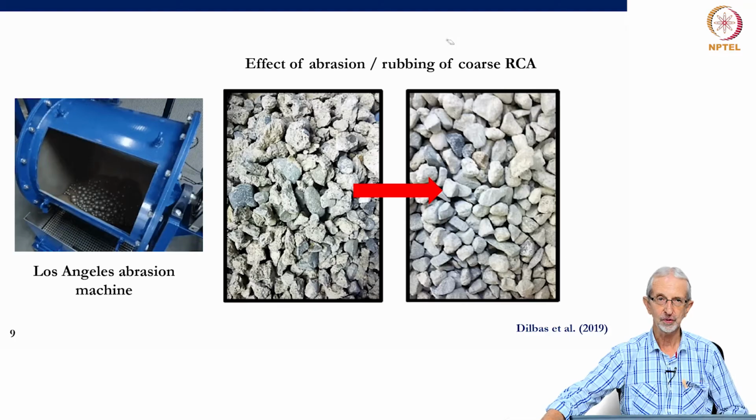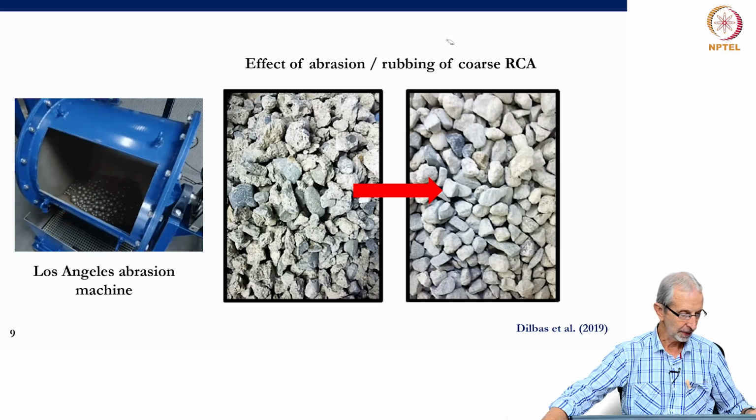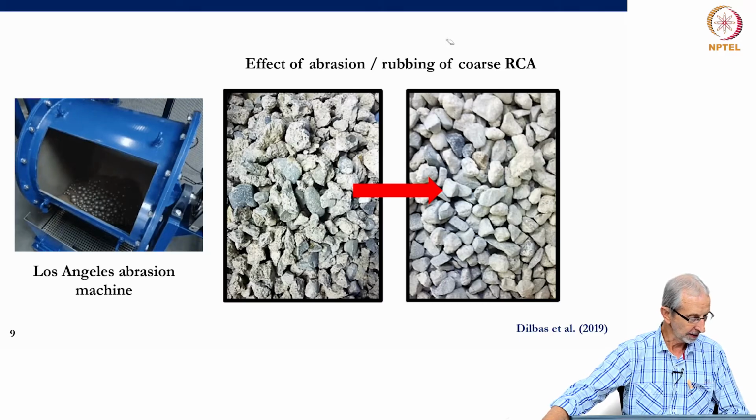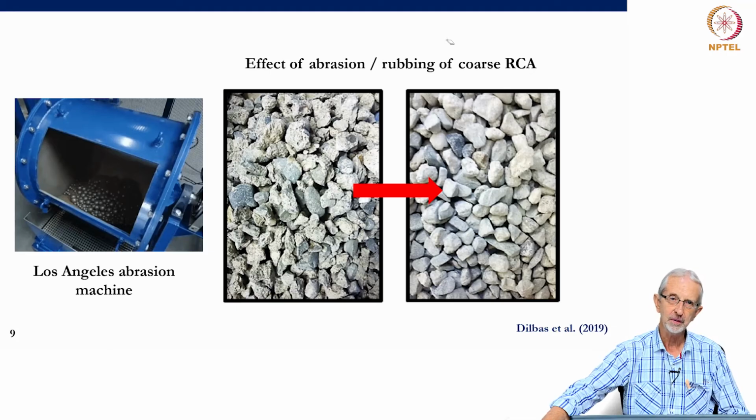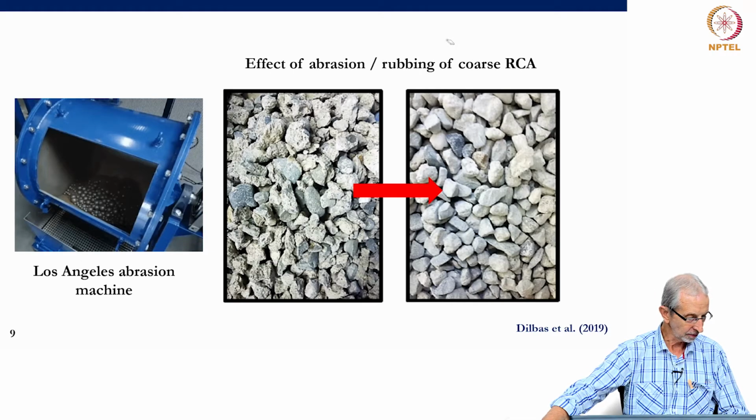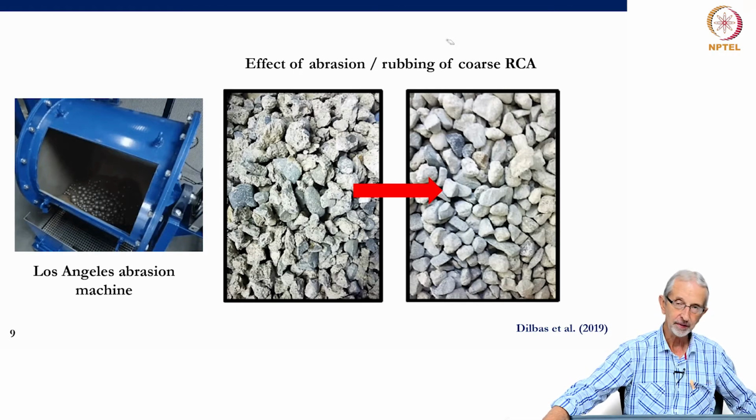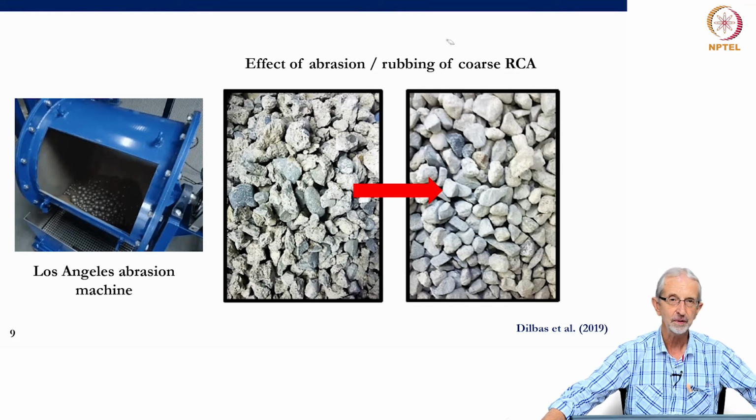In this case, of course, it takes quite a lot of effort of that scrubbing or rubbing technique, abrasion, and the addition of temperature to this process can speed that up quite considerably. In this case, in fact, just to read the numbers that I have here, there was a reduction of nearly 70% in the adhered mortar and an increase in the density of about 20%. So it was very substantial.